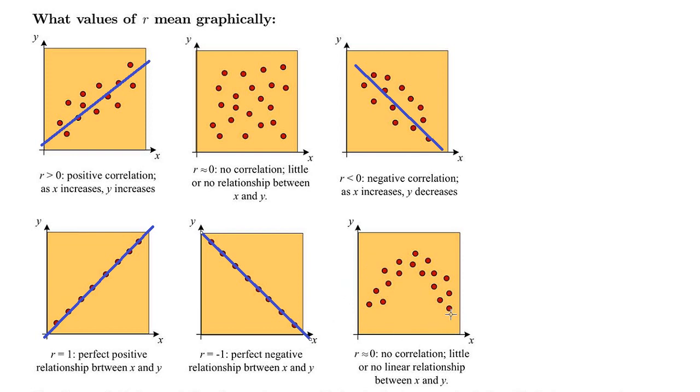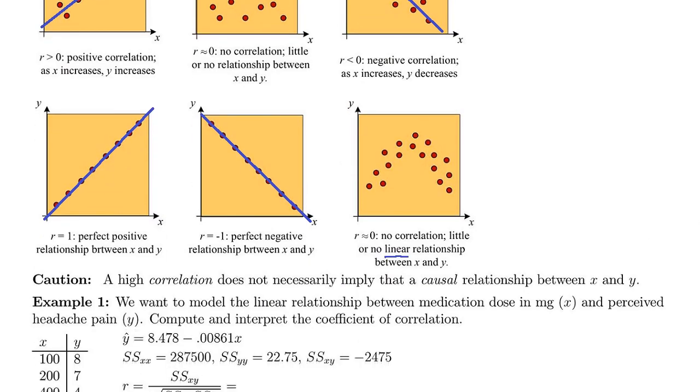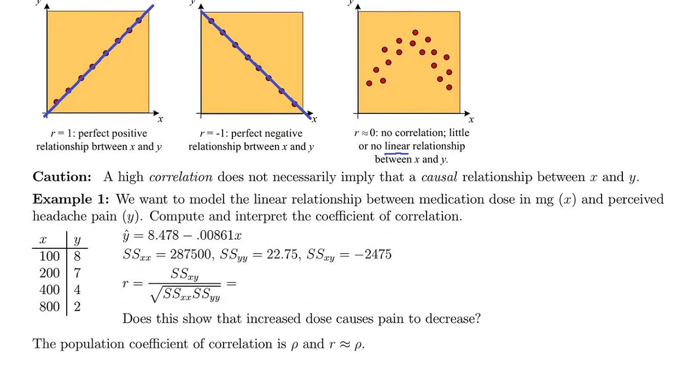And then here's a case where there is a definite relationship, but your r is close to 0, no linear correlation, because there is little or no linear relationship between x and y. It looks like a negative x squared curve, but it's not a linear relationship, and r only measures the strength of a linear relationship.